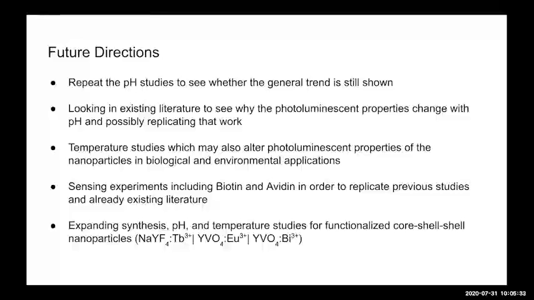And then using different pHs, such as in household items, vinegar, which is known to be acidic, and baking soda, which is known to be basic. We use those, but we use acids and bases like those on a higher, more extreme scale. And then we saw how it affected how the core shell nanoparticles performed.